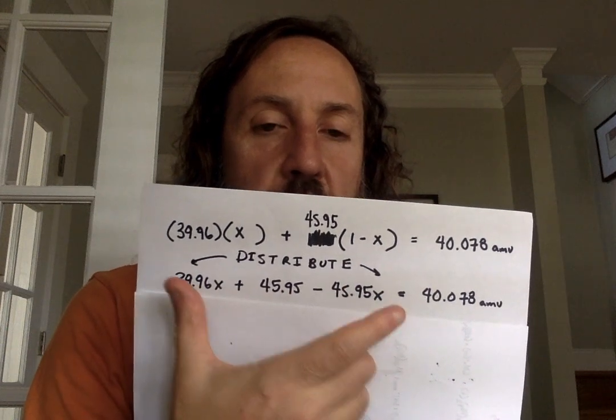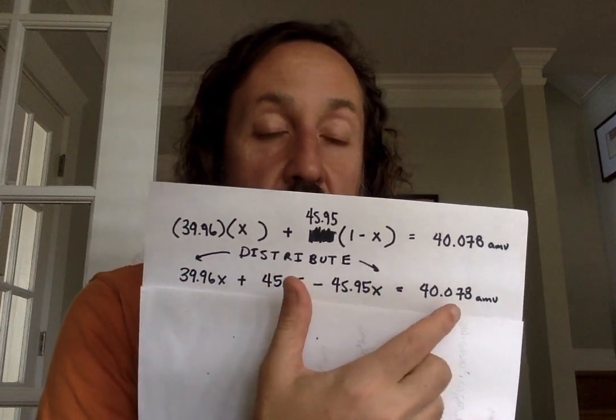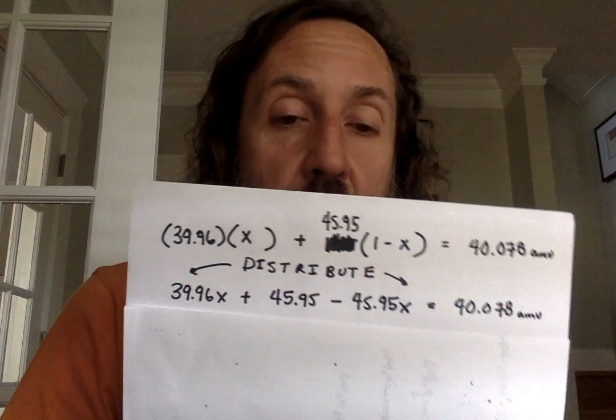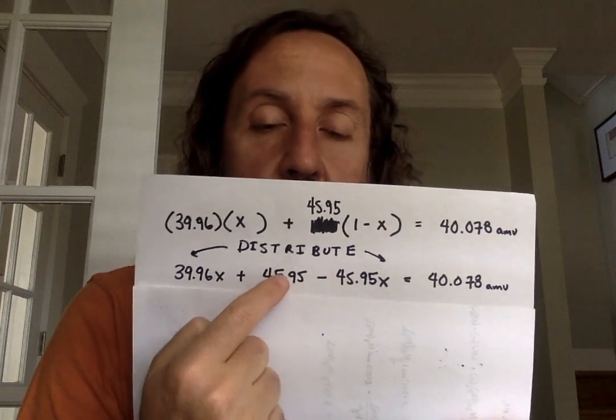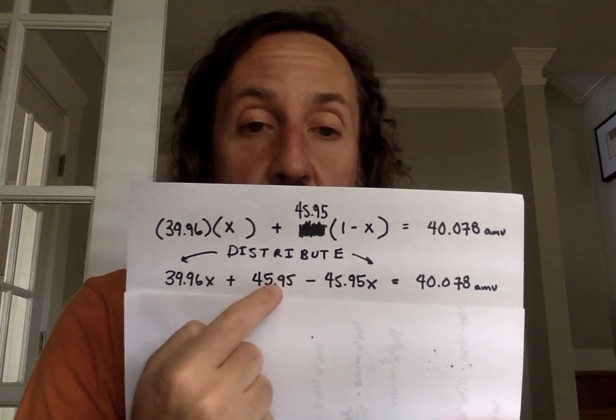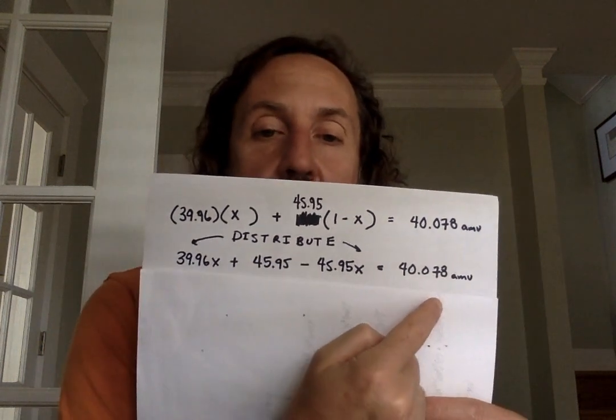So I've distributed everything out, and it's still equaling 40.078. And so I have two x terms, one plain number term, and then the answer is a plain number term. And this is the part that always gives me the heebie-jeebies, just a little bit.